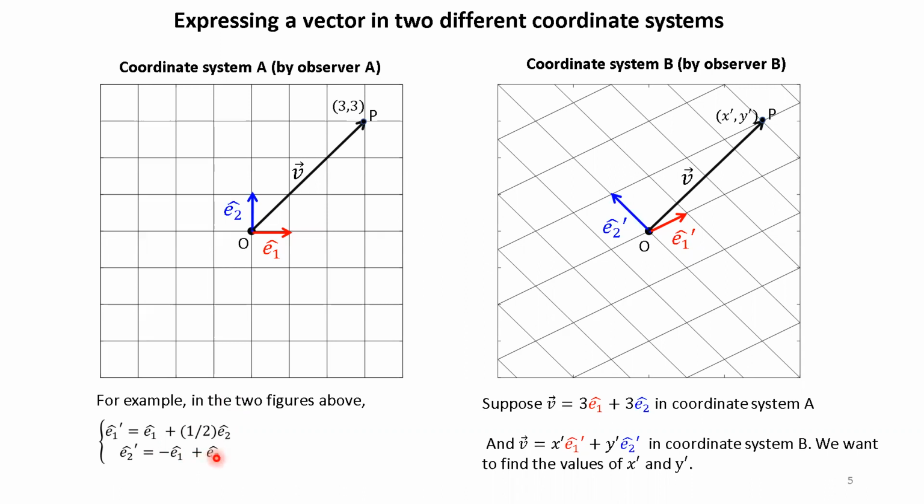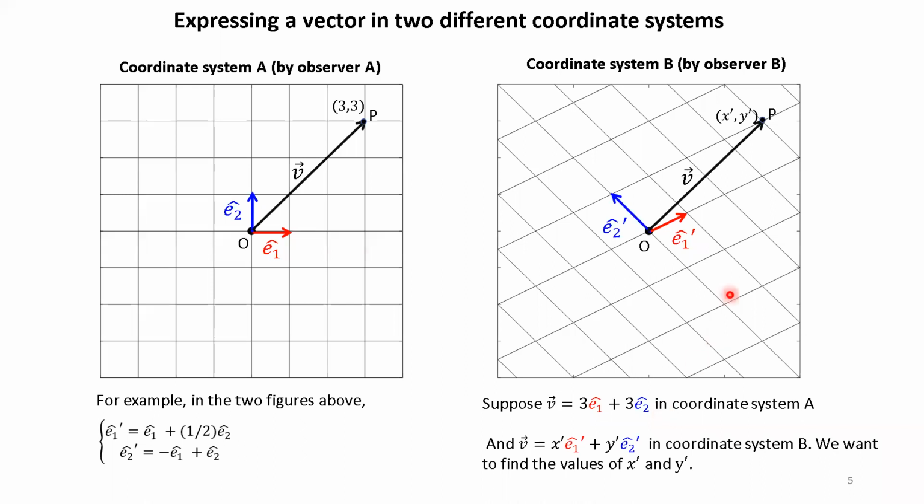Now suppose this point P in the original coordinate system is at the coordinate 3, 3. That means in this coordinate system, v is given by 3 e1 hat plus 3 e2 hat.